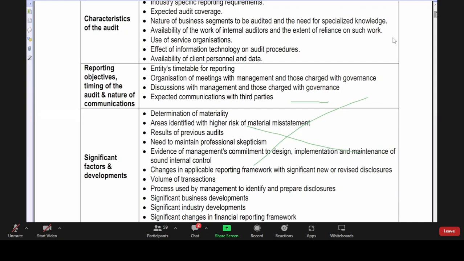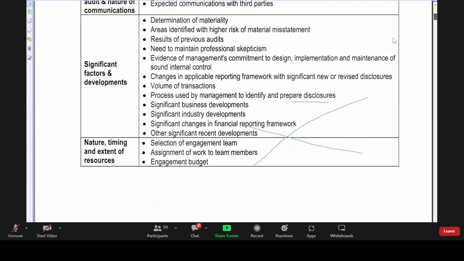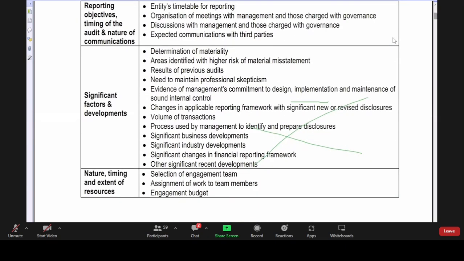Then another area you look at is significant factors and developments. There are some things that may have come up within the industry.